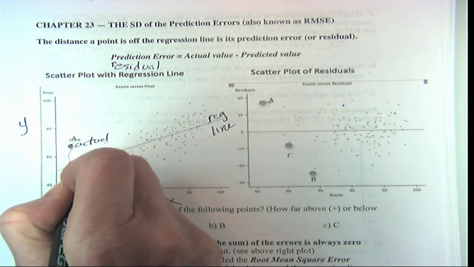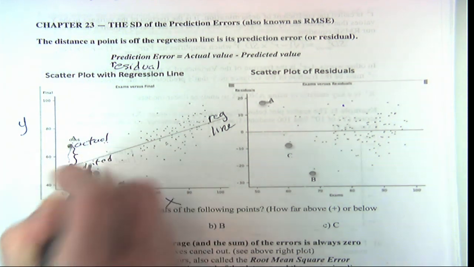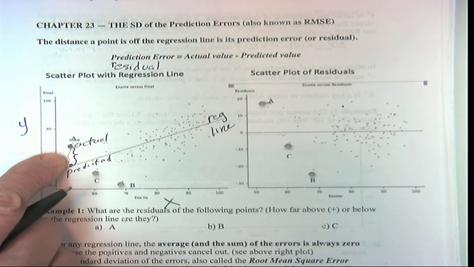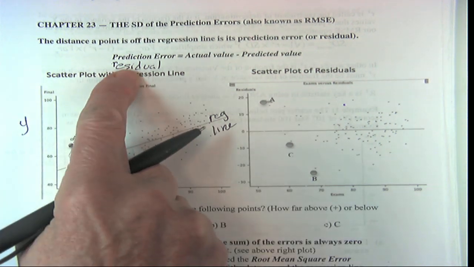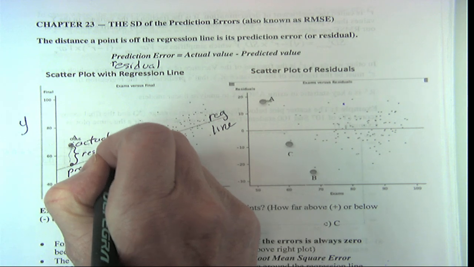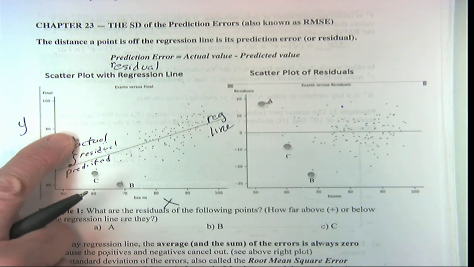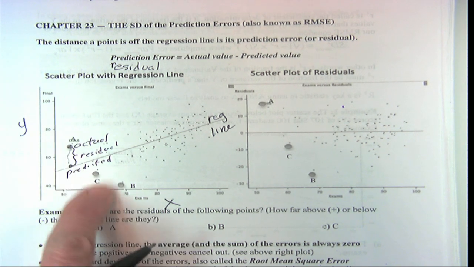So this distance is the error, the prediction error, or the residual. It can either be positive if they're above, actual minus the predicted, so this would be positive, or negative.